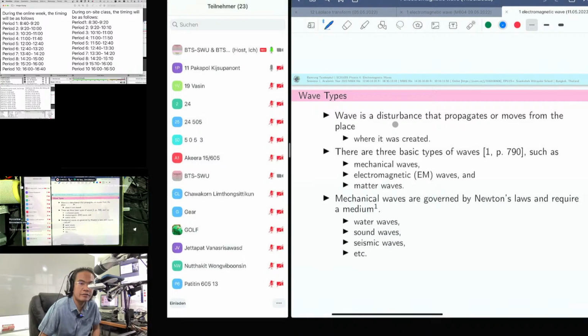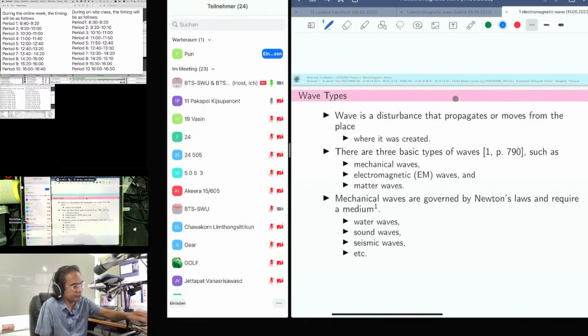You may have learned that the voice or the sound from any source is also a kind of wave. Okay, and the physicists or the scientists have classified so many waves into three categories.